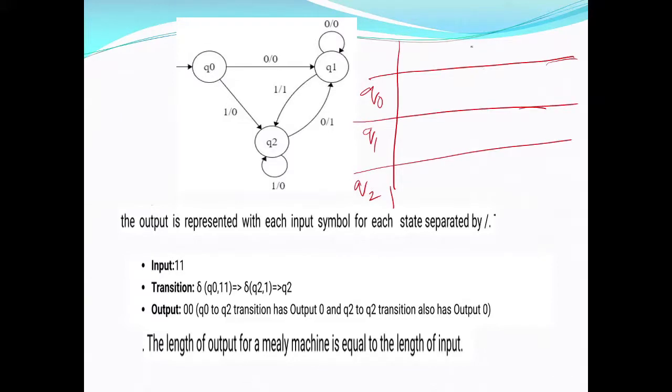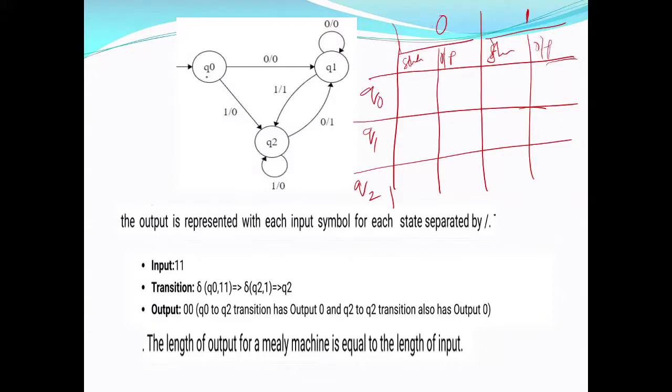Now I have input symbols. Input symbol 0, input symbol 1. Now for every input symbol, because for every transition, what is your next state, and what is the output? Then what is the state and what is the output?